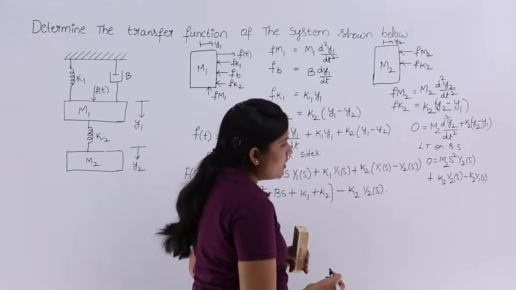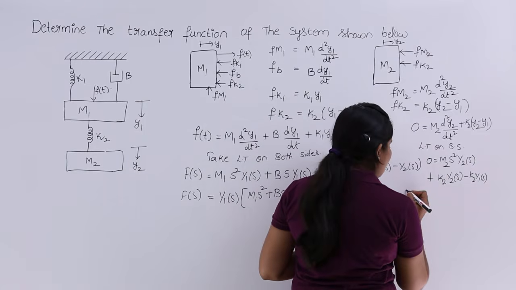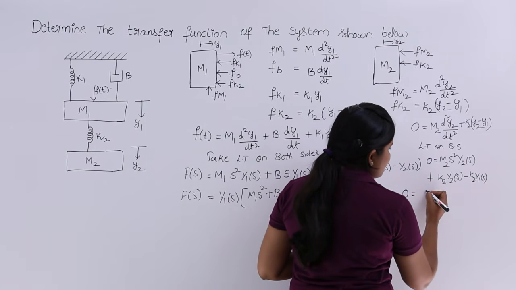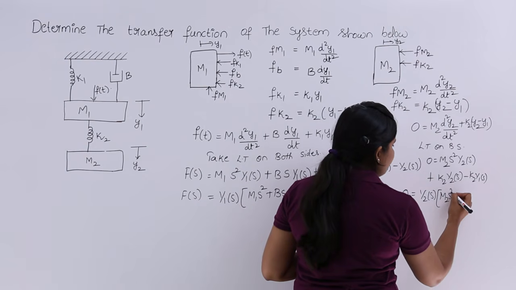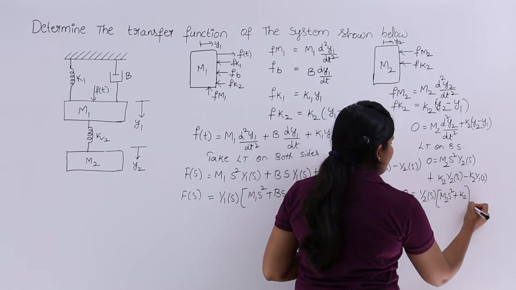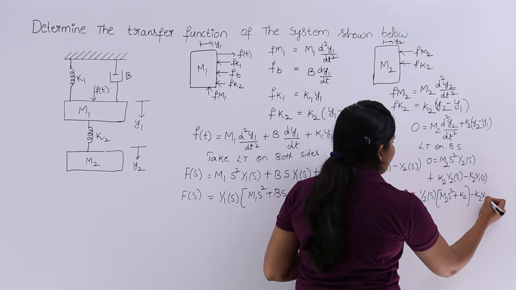You can see, here also you take common y2 of s: y2 of s into (m2 s square plus k2) minus k2 y1 of s.